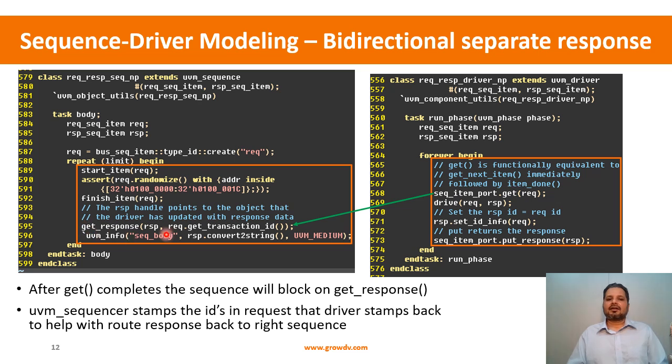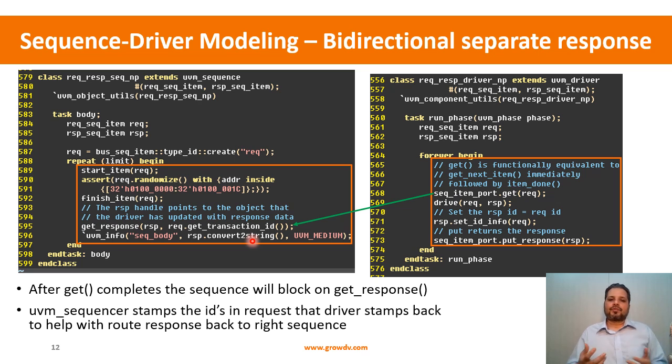And then this get response will get unblocked, and then we will call response.convert string and print this information with UVM medium verbosity. So this is how it works. We will look at how the tick UVM info macro works. Depending on the verbosity passed on the command line, if it is appropriate, then this message will get printed.